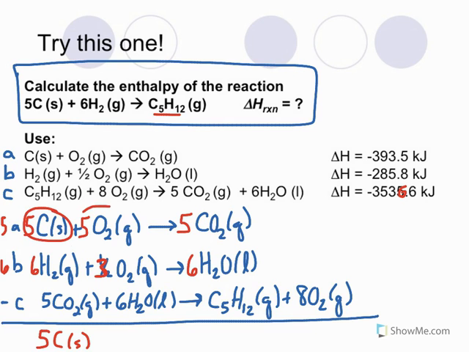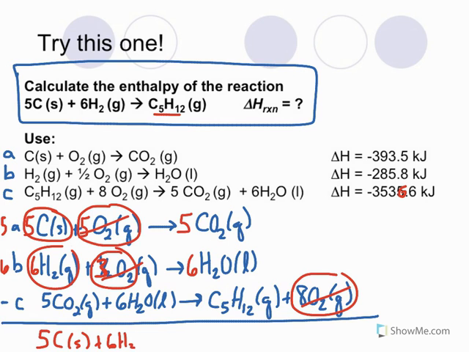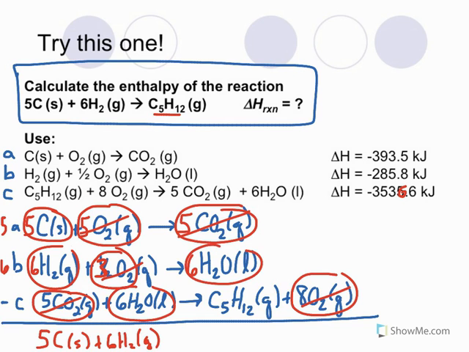Oxygens, 5 oxygens, 3 oxygens, that's 8. 8, they cancel. Nice. More reactants, and we have 6 hydrogens. And we have 5 CO2s. They go. 6 waters, they go. And then we're left with pentane. Alright, that's taken care of.